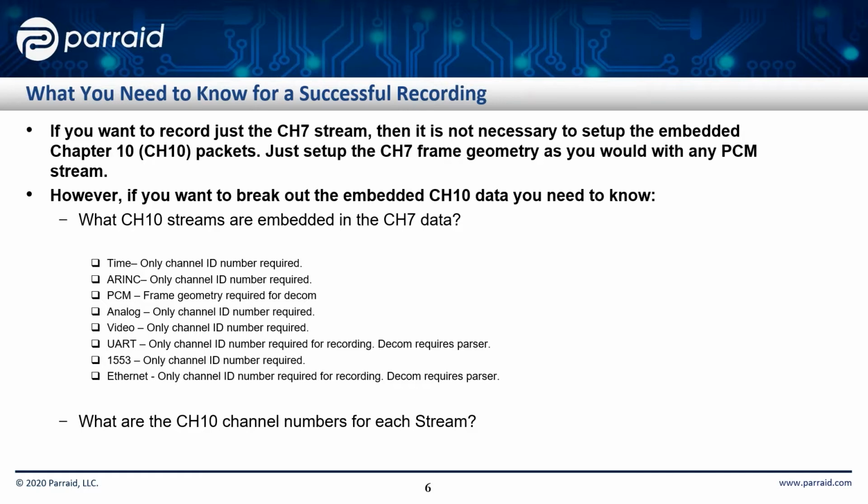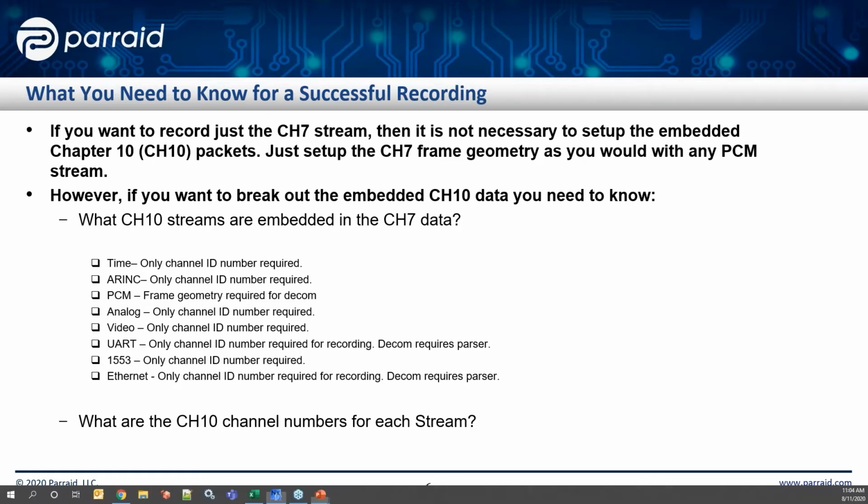For most data types, that's all you need to lock onto the data and get a good recording. For some types like PCM, for example, if you have a PCM embedded stream in the Chapter 7, you still need to know the frame geometry of that in order to decom the data. So the important takeaways are that you need to know the Chapter 10 number and the channel types for each stream.